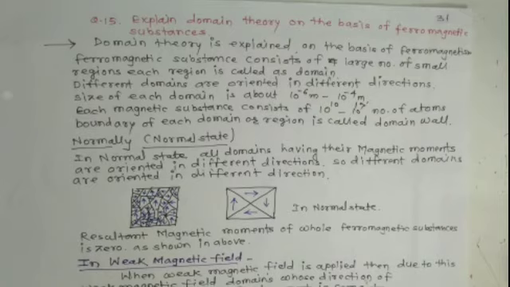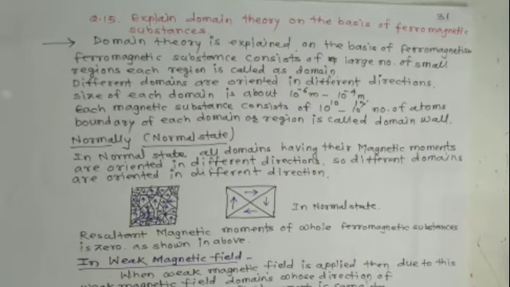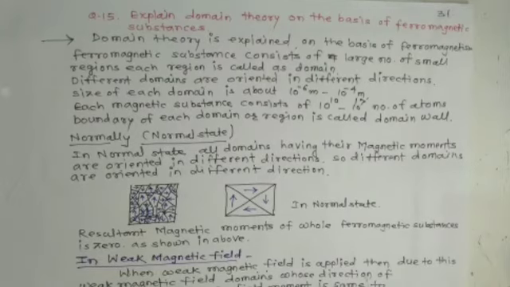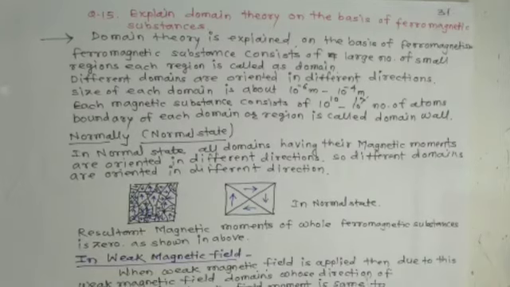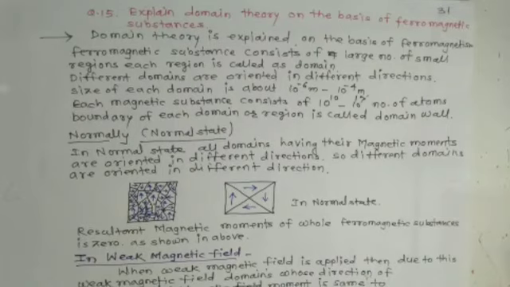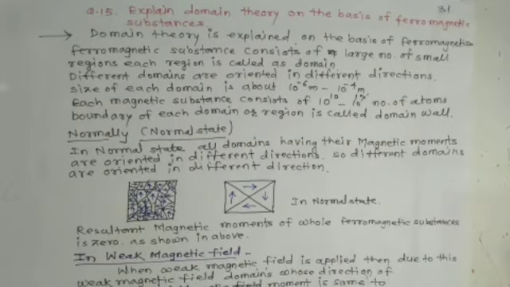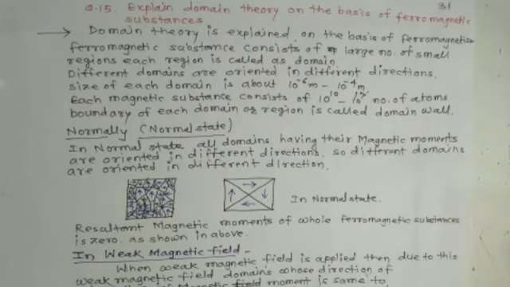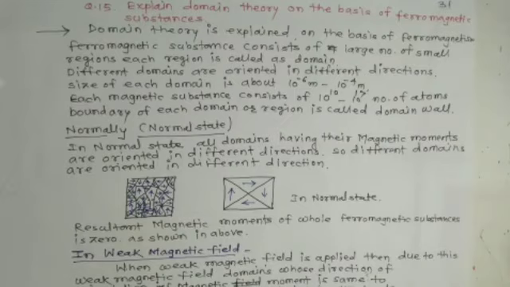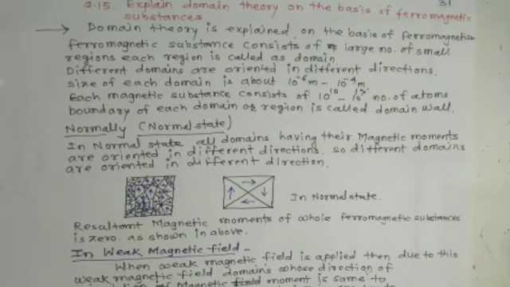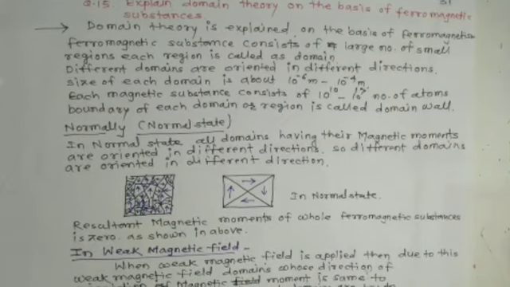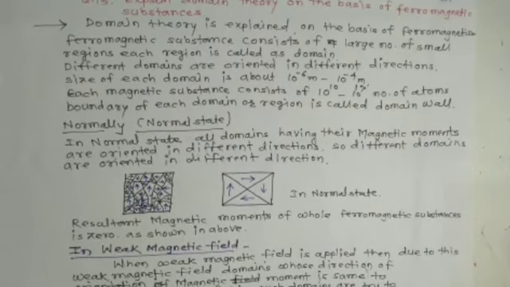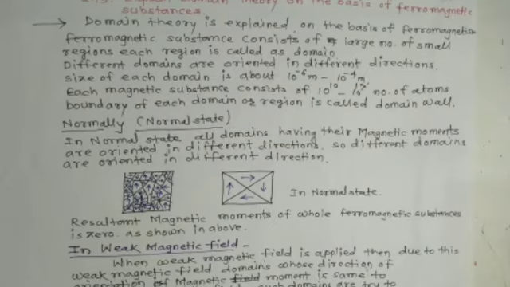Question number 15. Explain domain theory on the basis of ferromagnetic substance. Answer: domain theory is explained on the basis of ferromagnetic substances. Ferromagnetic substance consists of a large number of small regions. Each region is called a domain.